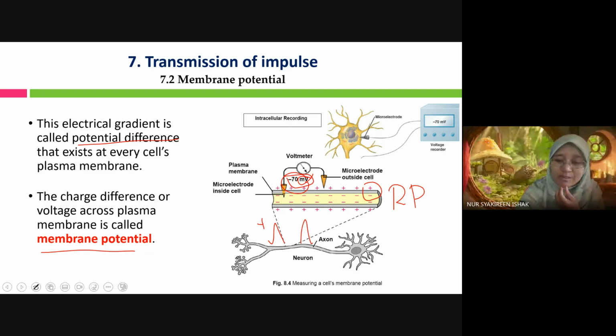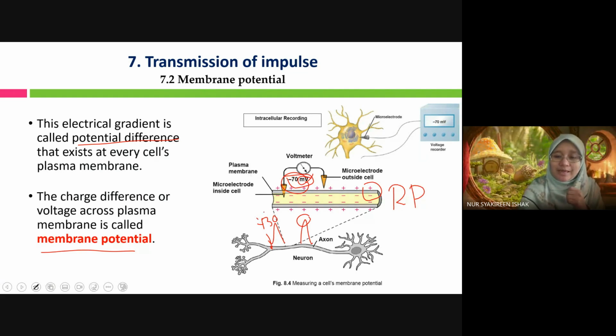The reading will change from negative 70 to positive 30 millivolt at the peak of the action potential. Daripada negatif dalam resting state tu dia akan jadi positive 30. Why? Because the voltage gated sodium channel opens, sodium masuk. Macam tu. There's a lot of sodium that enters into the axon causing generation of the action potential.